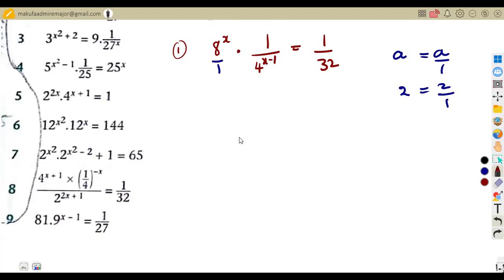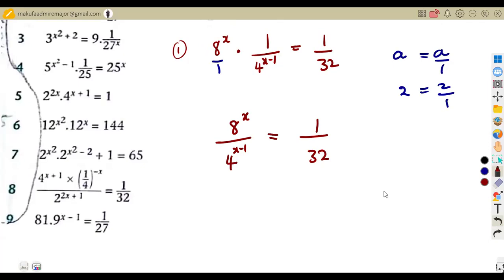8 and 1 is going to be 8 to the exponent of x over 1, times 4 to the exponent of x minus 1 is going to be 4 to the exponent of what? x minus 1. And this whole part is equal to what? 1 over 32. Then at this stage, we can consider that idea of the bases now.